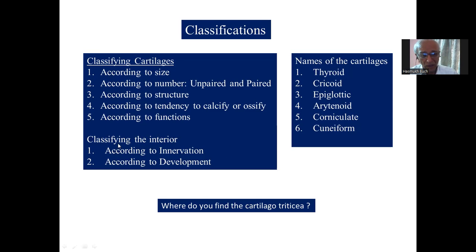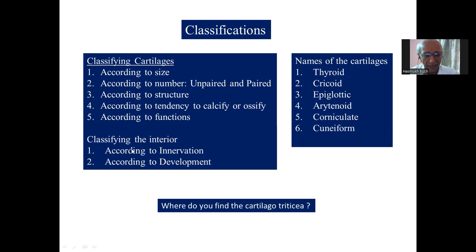Coming to the classification of the interior, we have discussed that there are three parts of the interior. In the next slide, from speech part 3, this will be demonstrated further.